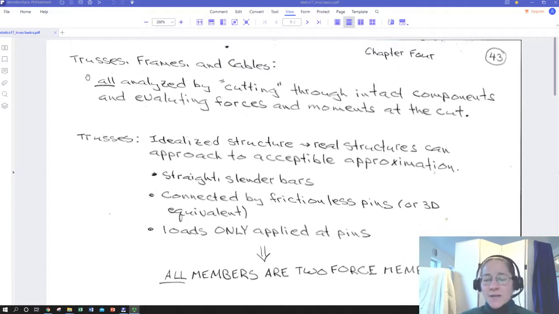And when we get over into beams, we're basically going to do a moving cut and look at what's going on under very specific loading conditions. So when we start into trusses, we're going to look at what happens when we take an intact rigid body and we cut it. And we're going to look at the effect of the forces coming from the rest of the body on the other side of the cut to keep each of the two cut pieces in equilibrium, because they're still not accelerating.